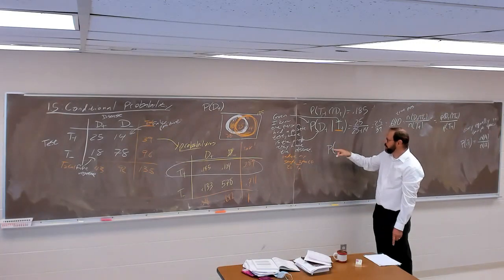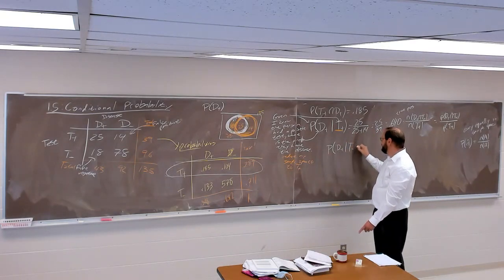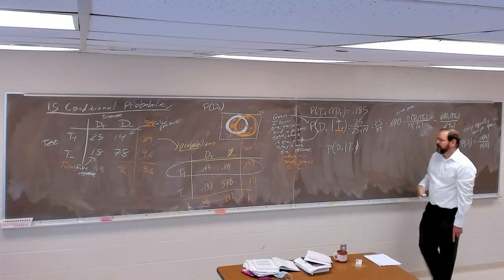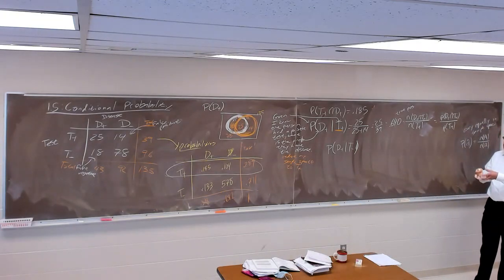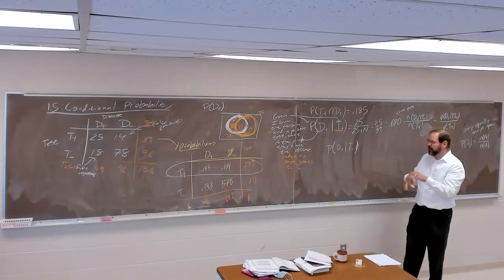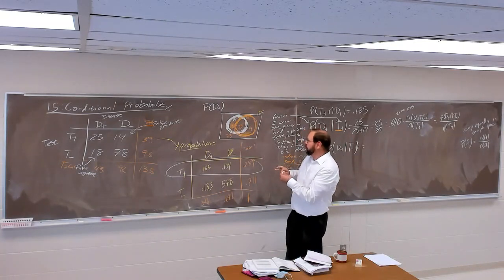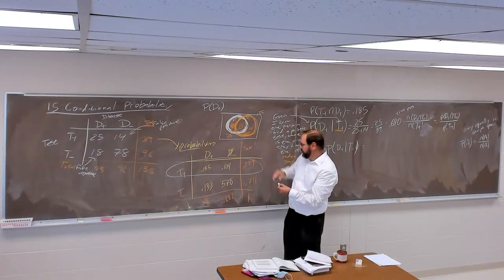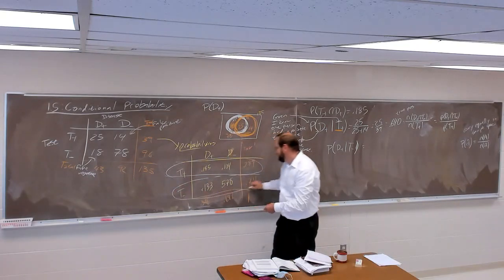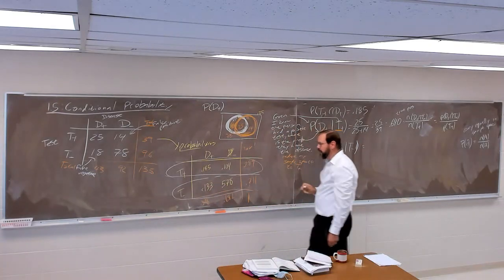Whereas if we ask for what's the probability of D plus given T minus, the situation where the test result I know is going to be a negative, but I actually have the disease, which is what I would call a false negative. T minus now says I'm going to restrict myself to everything outside of this circle. Now this time, I'm interested not in the entire sample space, but only what's happening in this group right here.